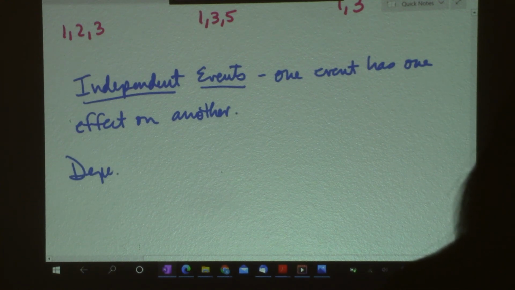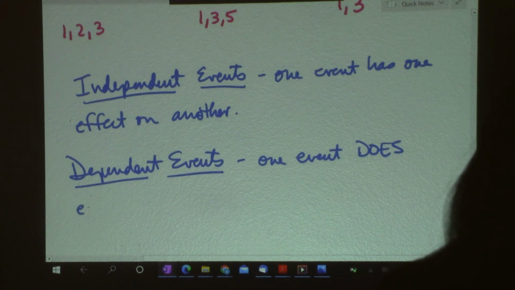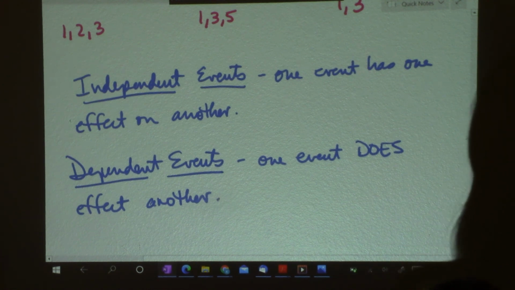Okay, and obviously, the other definition would be dependent events. When one event does affect the other or another. We might have more than one event, more than two, more than three, depends.